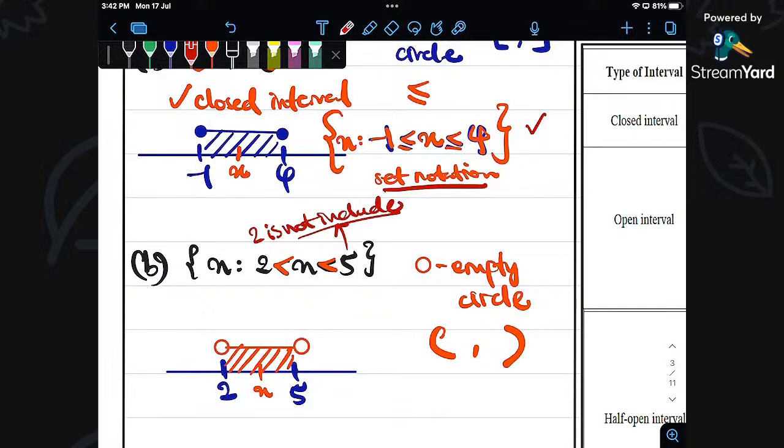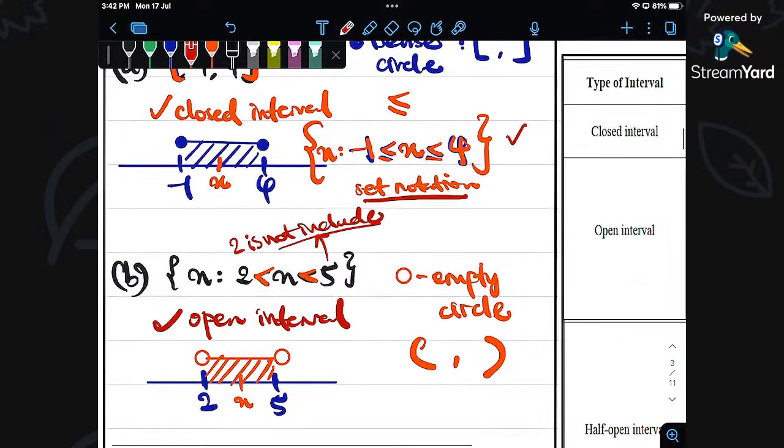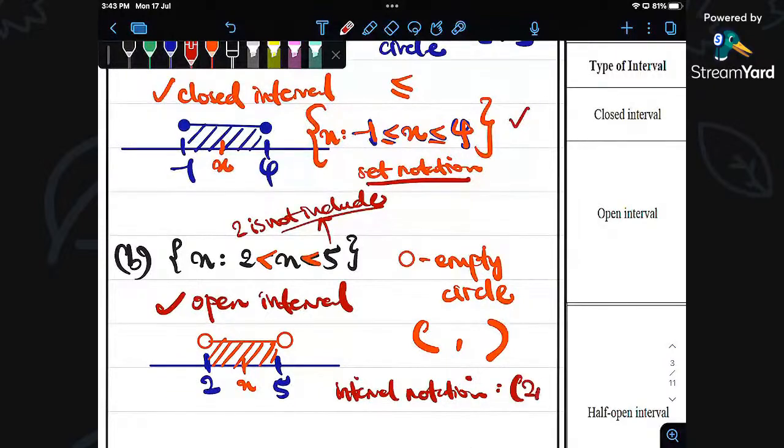So if they are not included, we call it an open interval. Okay, open interval because number 2 and number 5 are not included. And another notation that we can write is interval notation. We can write the answer in another way, that is 2, 5, with open brackets like that, 2 and 5.